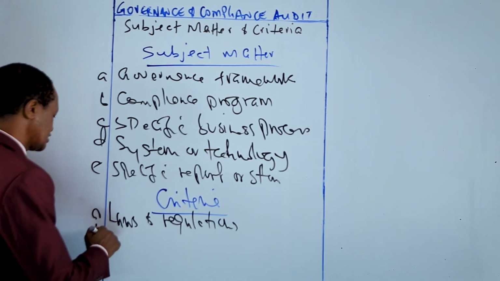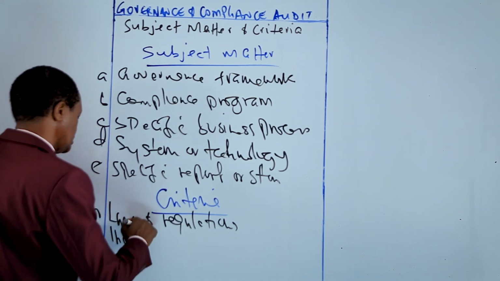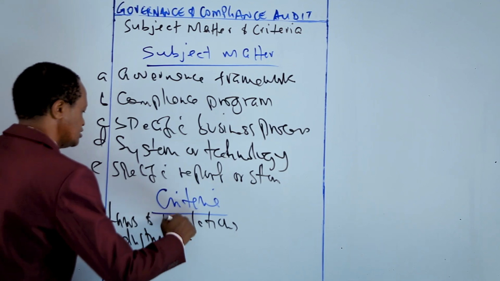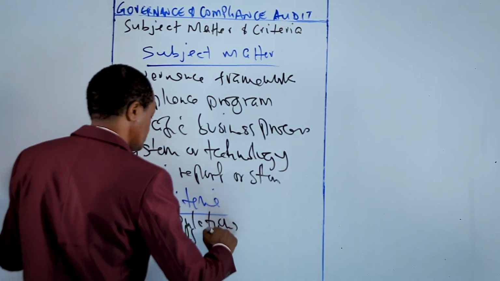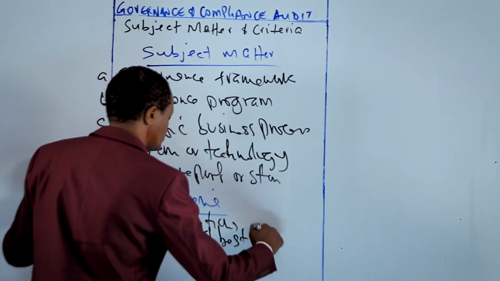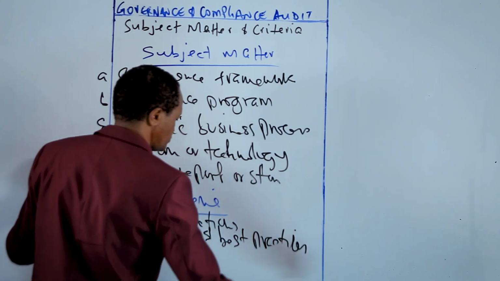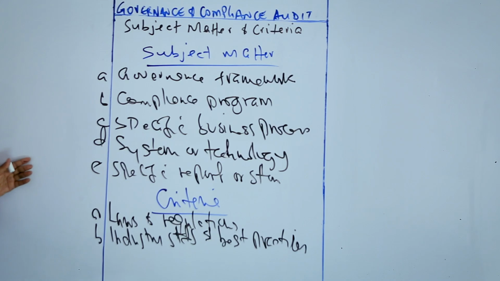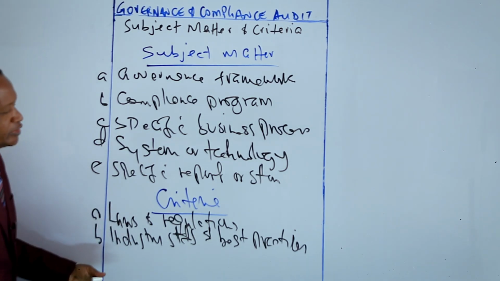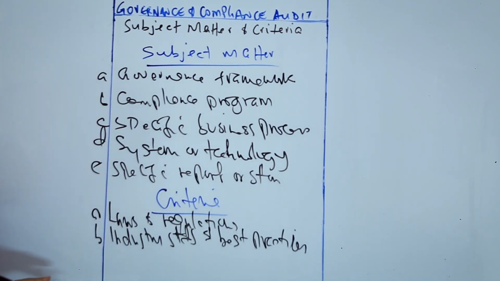Industry standards is another example. Different industries have different standards and best practices. So if you are to evaluate an observation, that evaluation must be based on a standard which could be industry standard or best practices.